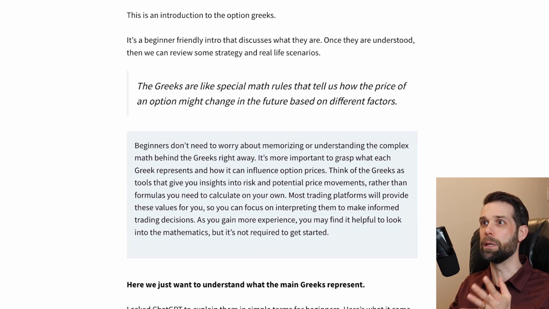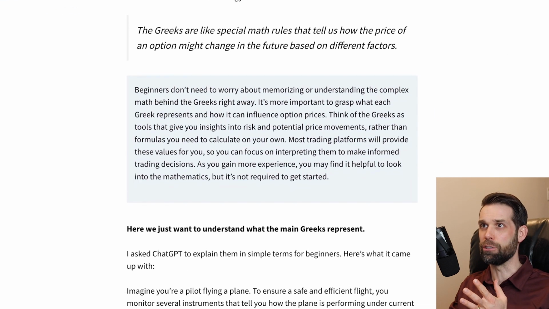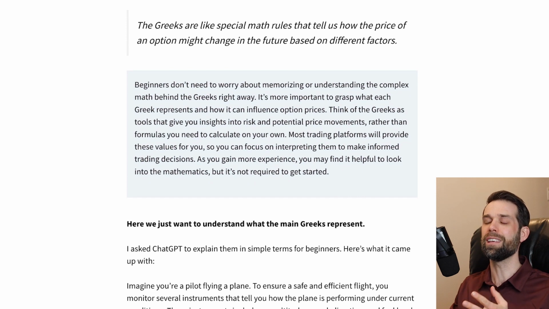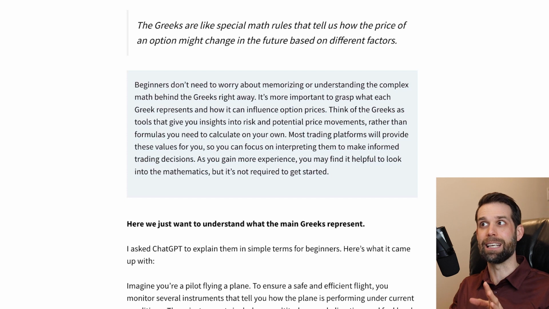So again, this is going to be a beginner friendly introduction, and basically the Greeks, you can think of them as a special math rule that tells us how the price of an option might change in the future based on certain factors. Now, in my opinion, beginners don't need to worry about memorizing or understanding the complex math behind the Greeks right away.